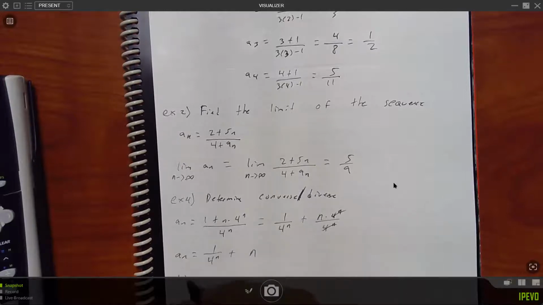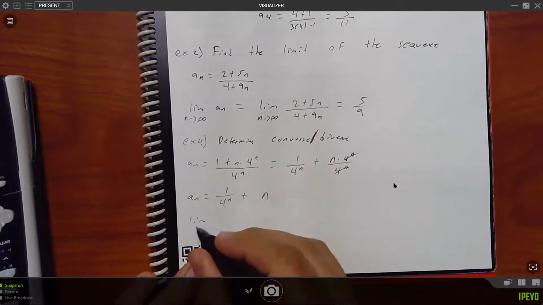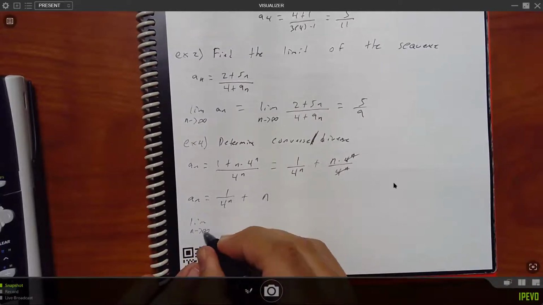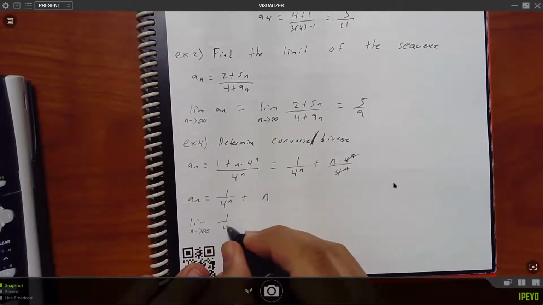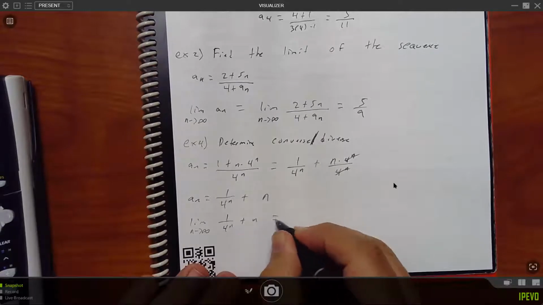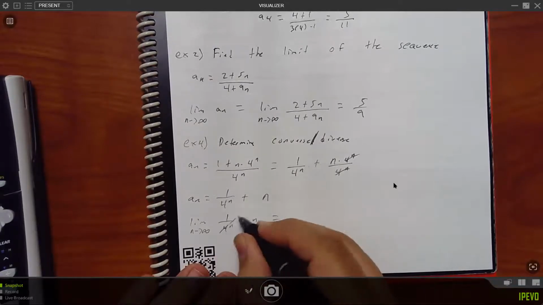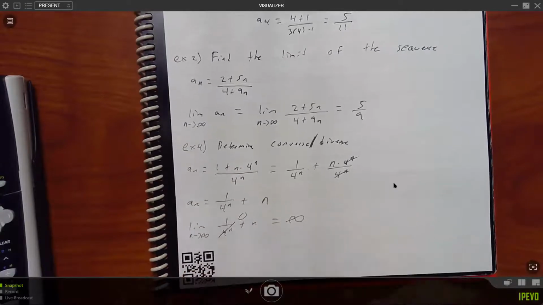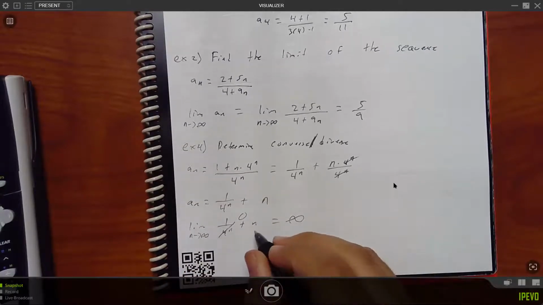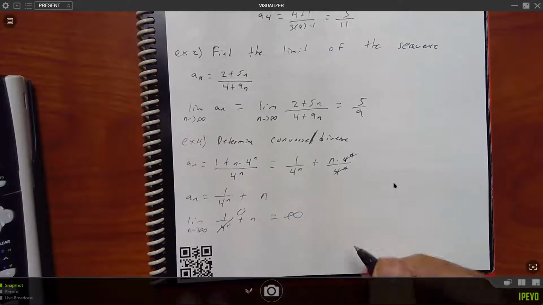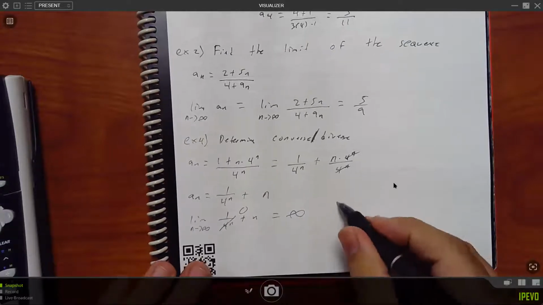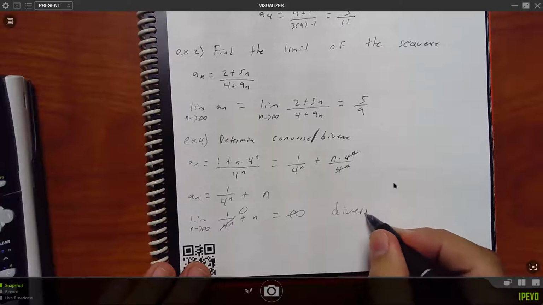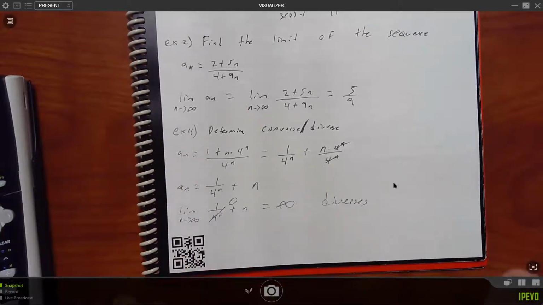So the limit will clearly be infinite now. Now I can show my work, not just think about it. This goes to 0, becomes infinite. The n just keeps growing. Diverges.